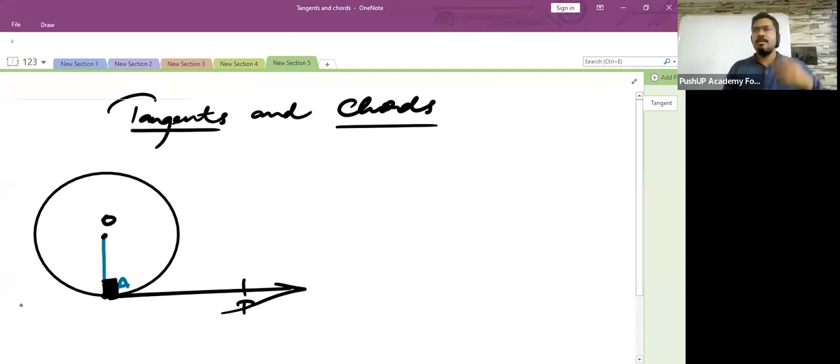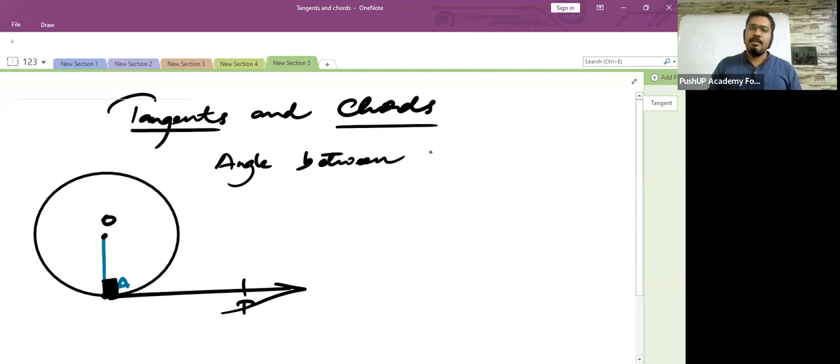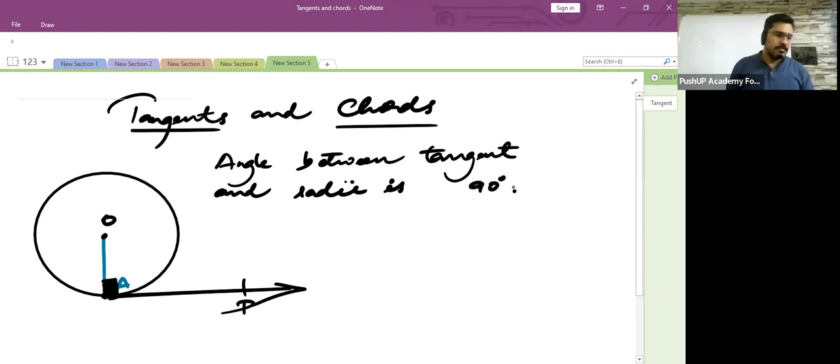And how will you write the property, children? Angle between the tangent and the radii is 90 degrees. That's all.